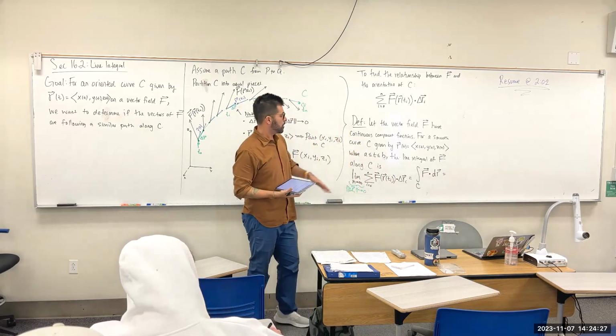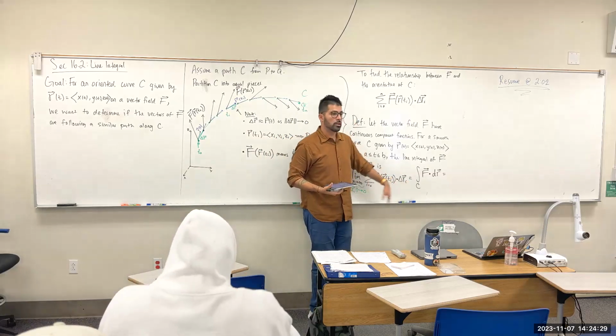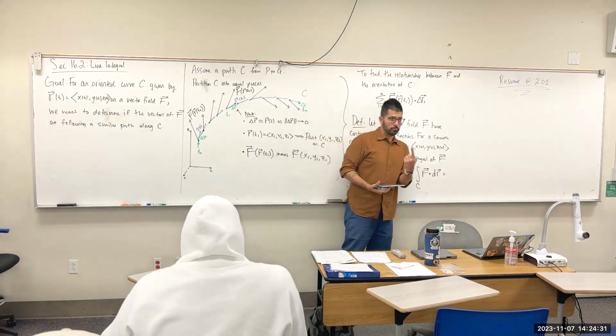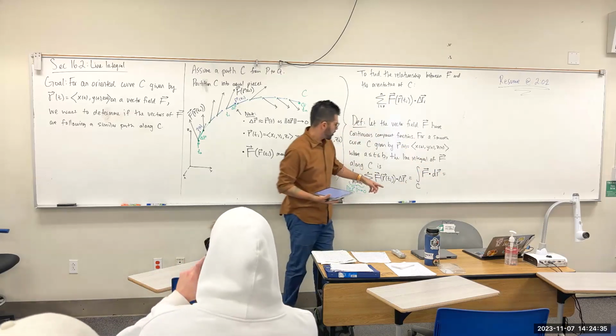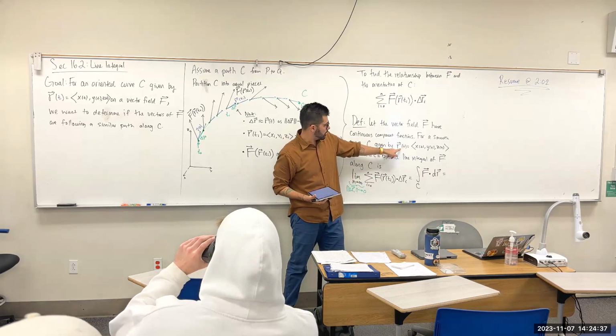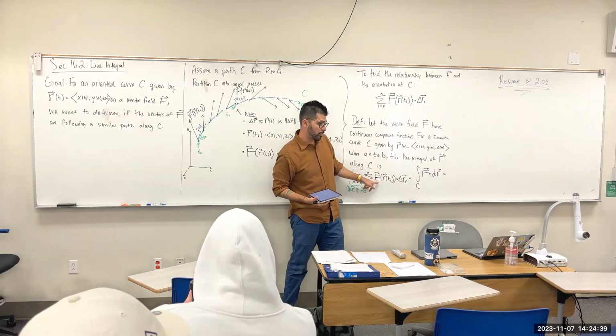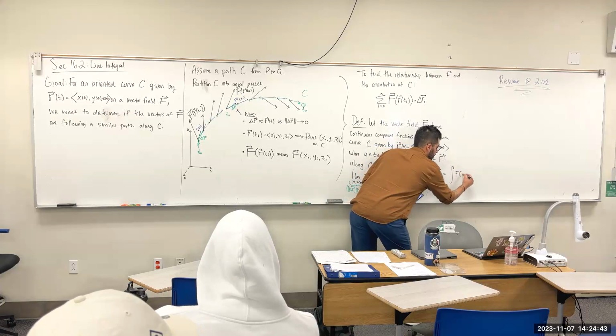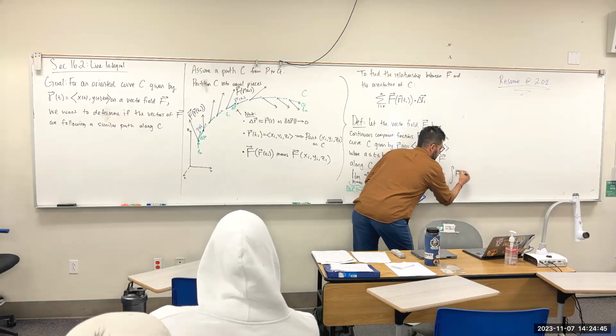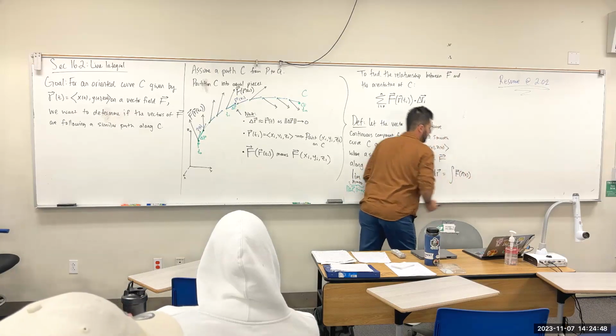But the way we're going to compute this line integral is we're going to convert it to a calculus 1 integral by doing this. We're going to compose the vector function r into the vector field. Like that.